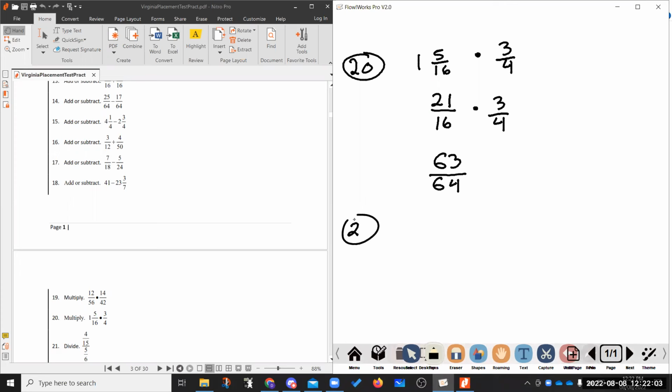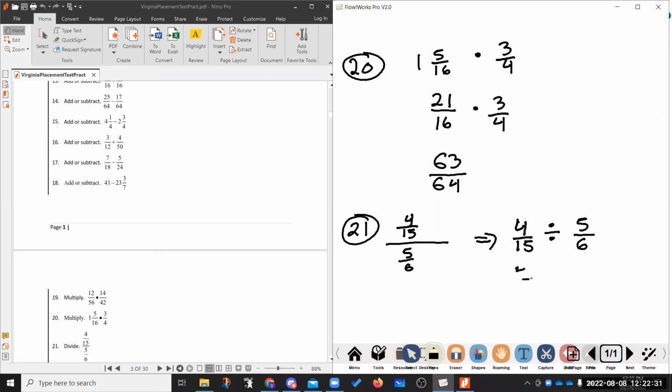21 asks us to divide 4 over 15 by 5/6. Another way that we could write that that's equivalent is going to be 4/15 divided by 5/6.